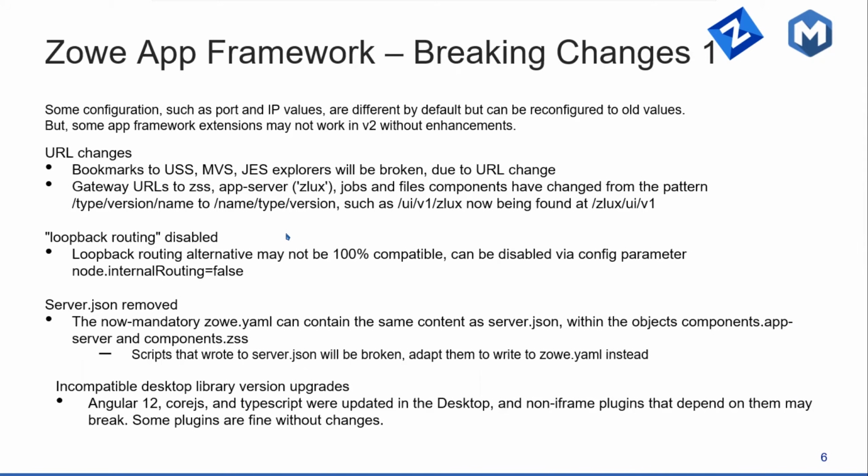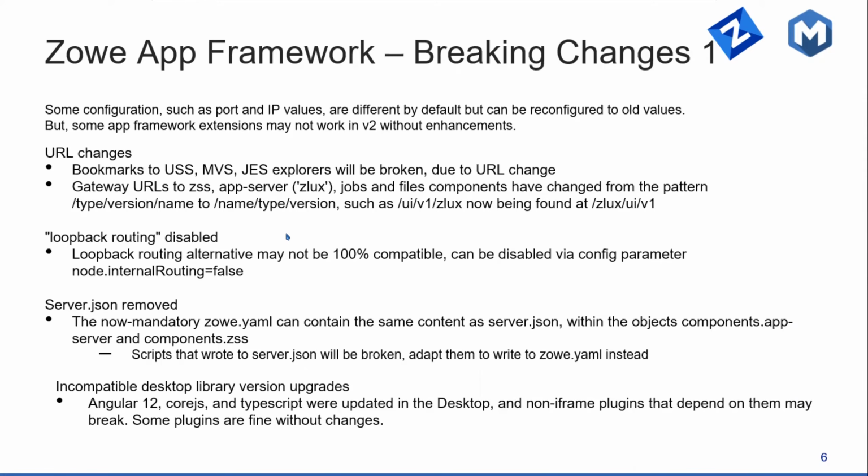All of the content in server.json, you can put into components.appserver and components.zss. Because Zowe.yaml is a unified file, it's organized by component, and since app server and ZSS are both components in there, you can put the server.json in either place, and we've tested that it does merge properly, so it doesn't really matter which subsection you put them in.